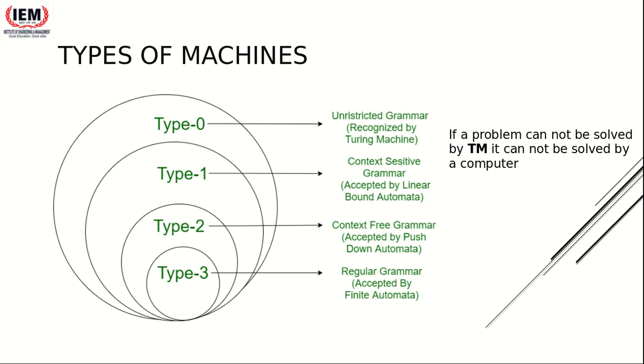So we can arrange the machines in terms of their power. And again, we often say that if a problem cannot be solved by a TM, meaning Turing machine, it cannot be solved by a modern digital computer as well. So these are the different kinds of automata or machines.